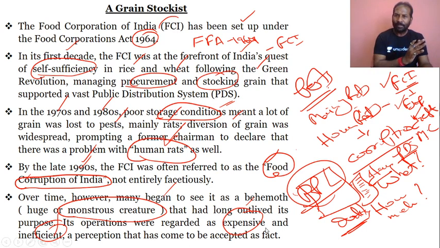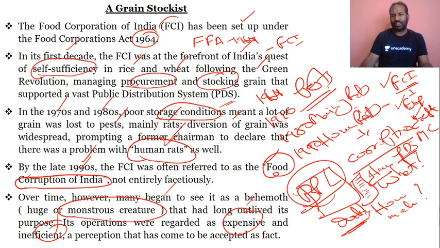So I have taken how it came into existence in 1964, and what the notion was in 1970. See, we have gone through it very systematically and chronologically: 1964 in the first decade, 1970s, 1980s with the poor storage conditions, again the 1990s and what the situation was, and again 2000 when, talking about the FCI, human rights were definitely in the picture.